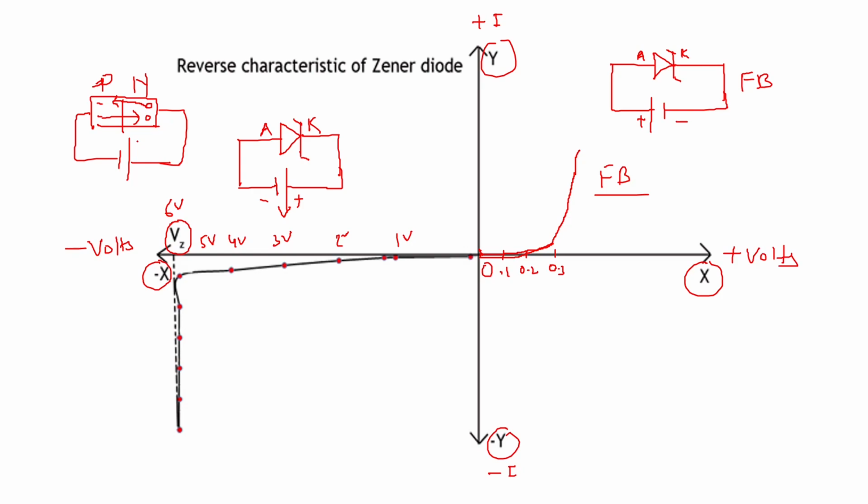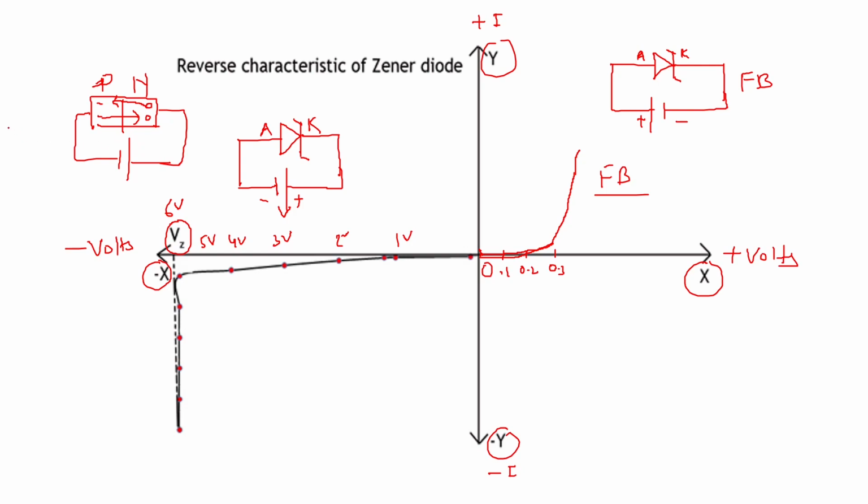The electric field of the depletion layer will be very high, and because of that, many electrons will break down from their valence orbit. They will come out and become free electrons, and those will constitute a large flow of current. This type of breakdown is called Zener breakdown.